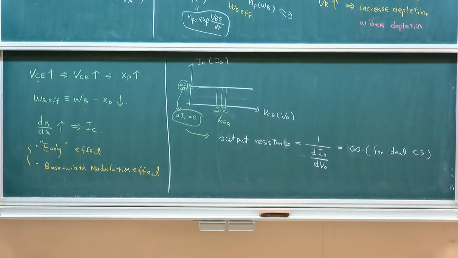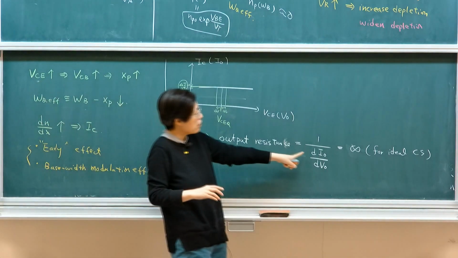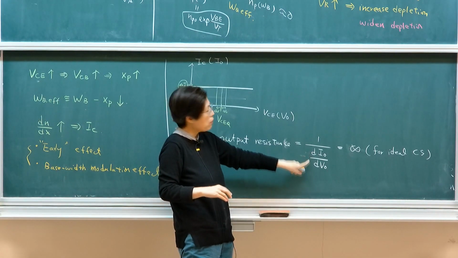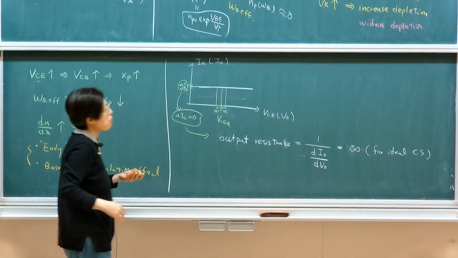An ideal current source will give me infinite output resistance. My output resistance is infinite because the delta IO is 0, even though I'm changing VO, because it's flat.